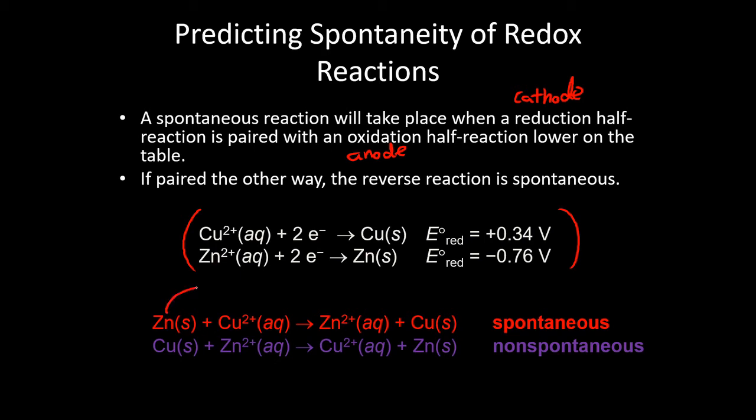Notice here that the zinc is the opposite of what's written up here. So we have the zinc being oxidized, the copper being reduced. And so if we check the values here, copper is our cathode, and the zinc is our anode, because again, this is being reduced, and so that is the cathode, this is being oxidized, that's the anode.